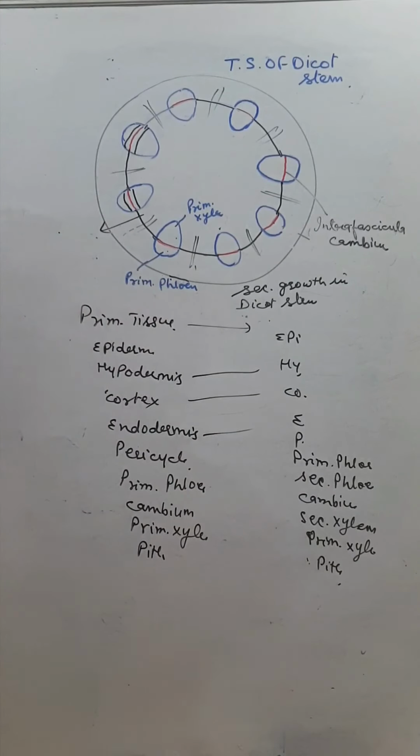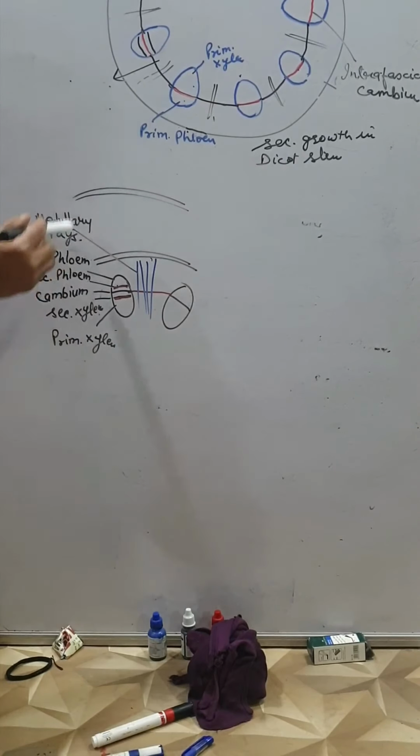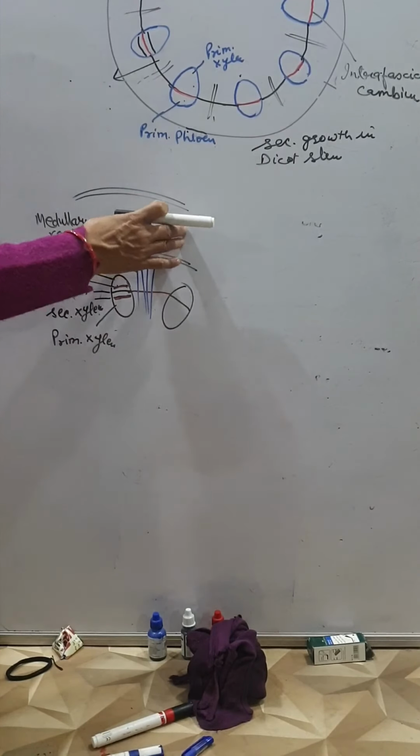Now we see the lateral meristem, the activity of the cork cambium. I have drawn a rough diagram here.